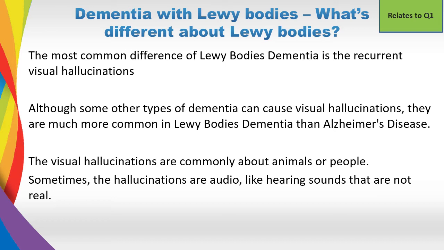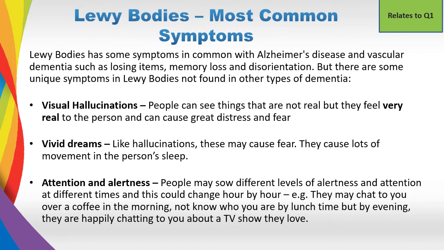Although people with Alzheimer's disease can get visual hallucinations, they are way more common in a person with Lewy body dementia. The visual hallucinations are normally about animals or people, but they could be audio, like hearing sounds that are not real. The visual hallucinations can be very real to the person, and it can cause a great deal of distress and fear.